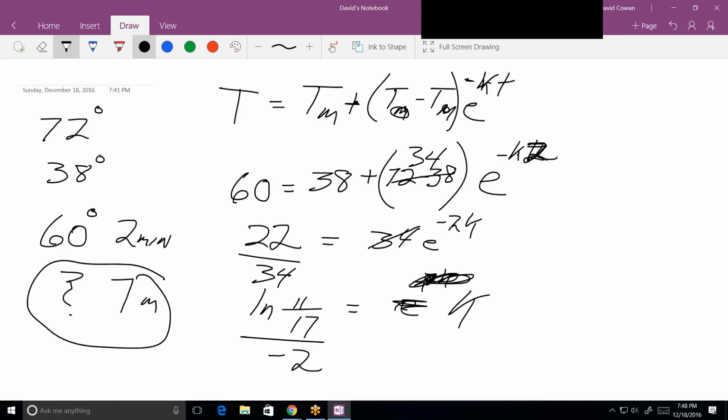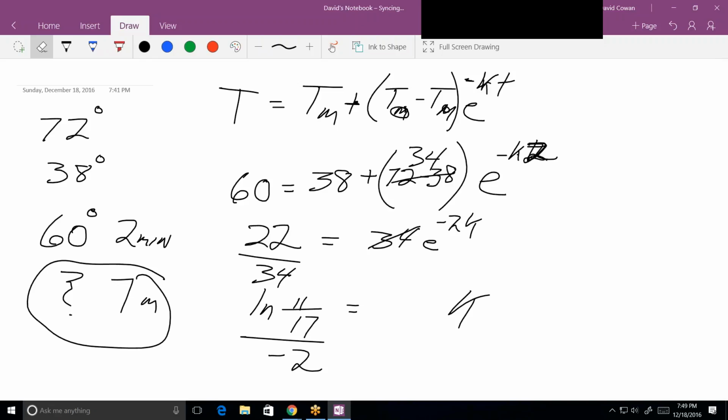Now, if I didn't have that negative, am I wrong here? If I didn't use that negative sign, then I would end up with a negative k. Oh no, hold on. What would I end up with? A positive k. Well, no, hold on.